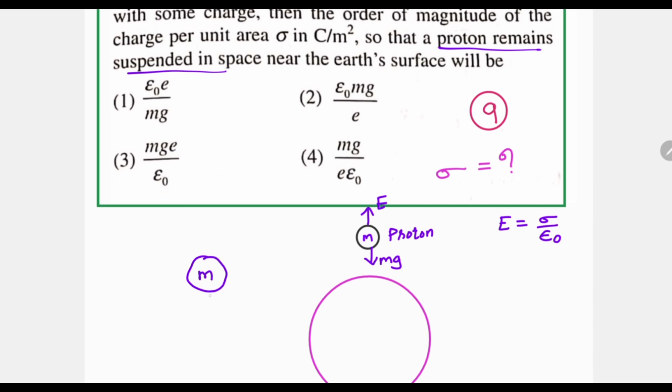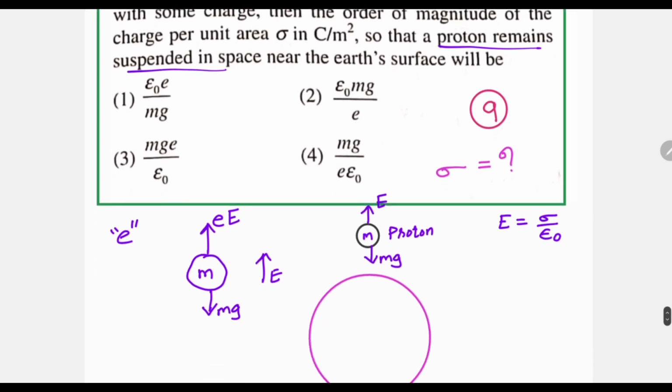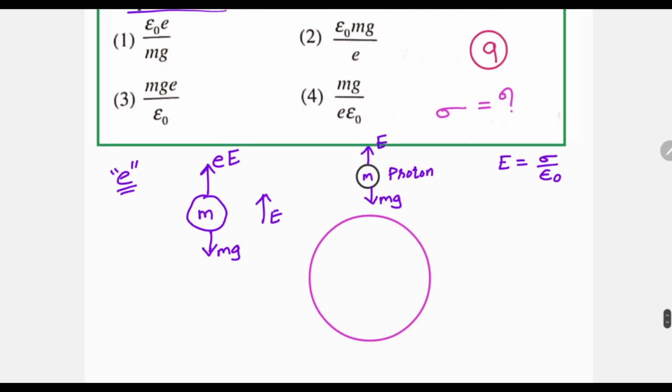So your proton is here, mg is acting downward. Due to the electric field in the upward direction, it experiences an upward force given by eE, where e is the charge of the proton, given in the question. So mg equals eE. That is the equilibrium condition here.